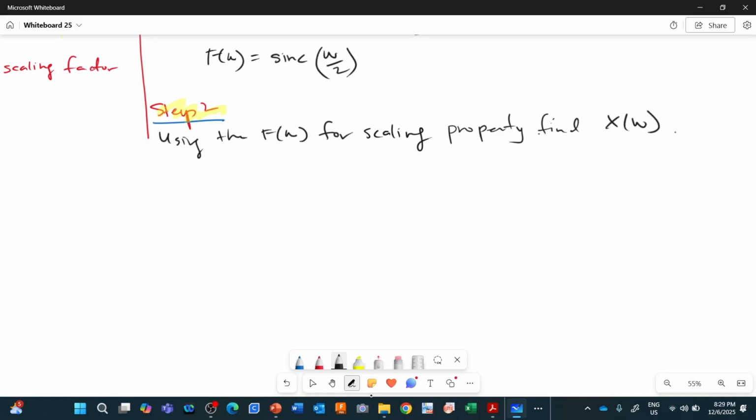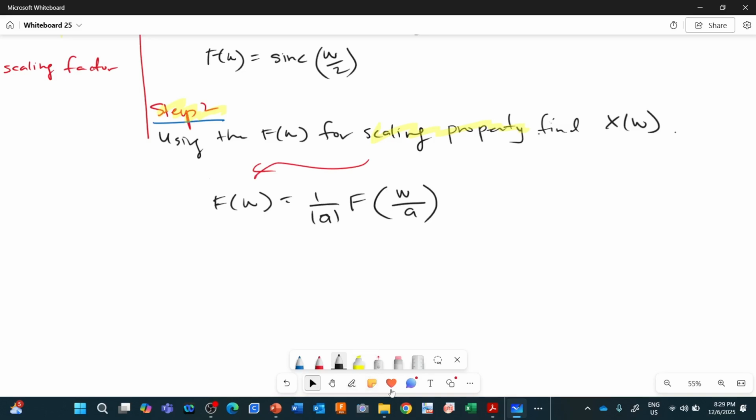So the original equation was X omega, right? So let's just write out again the equation for scaling from just now. So the scaling factor property, what was the equation? F omega is equivalent to 1 over A F omega over A.